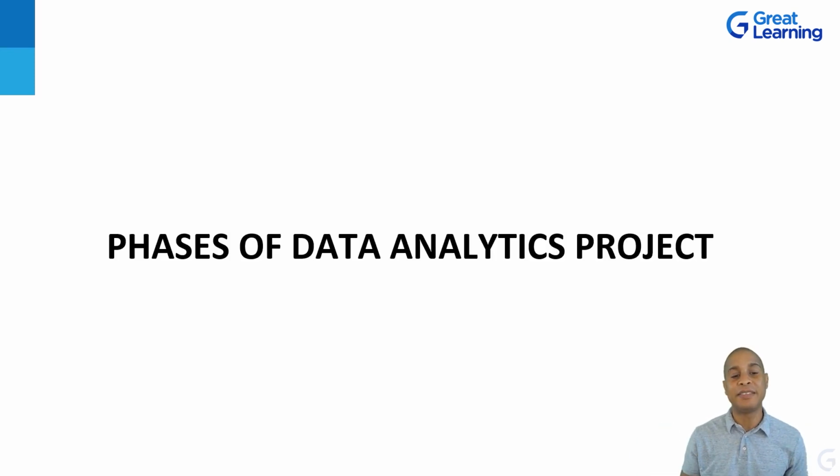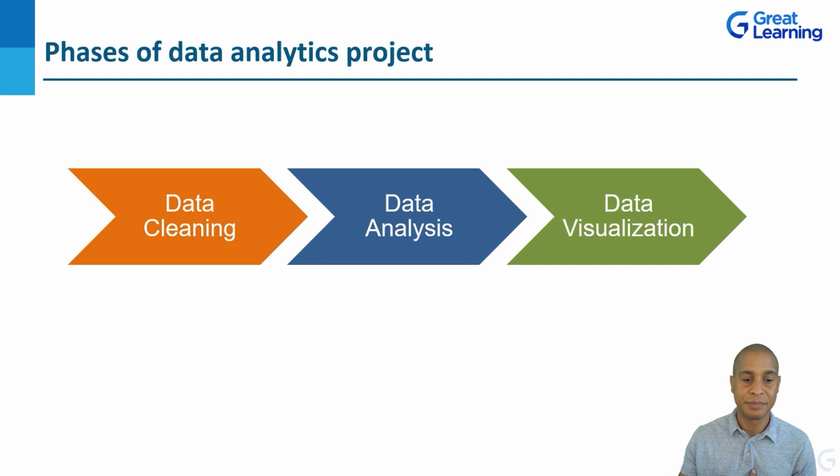So what are the phases of a data analytic project? It really has three phases that we want to cover. We want to cover data cleaning, data analysis, and data visualization. And depending on the shape of your data, also depends on how much time you're going to spend in each one of these phases.